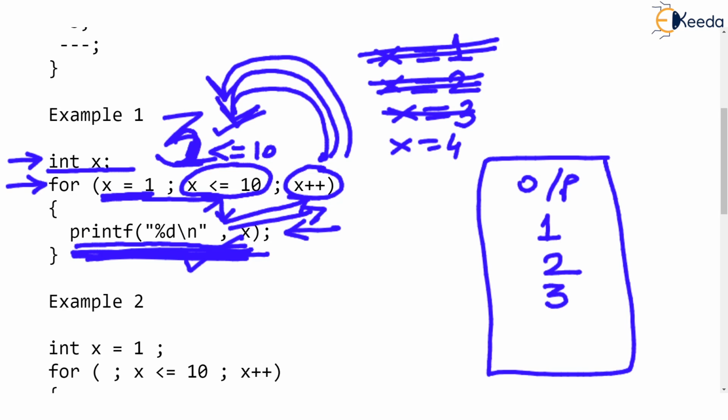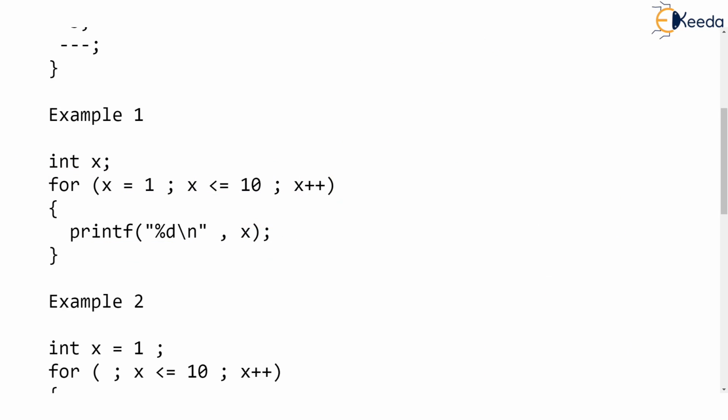So what's really happening? I'll just clean the slate. First, initialization was done, so x became 1. Then the condition was checked. Remember, after initialization, the condition is always checked. The condition was true because 1 is less than or equal to 10, so the statement runs and outputs 1.